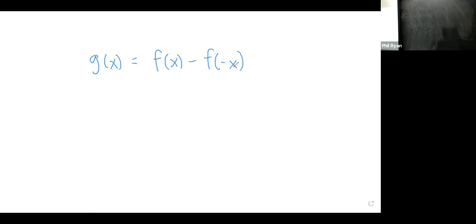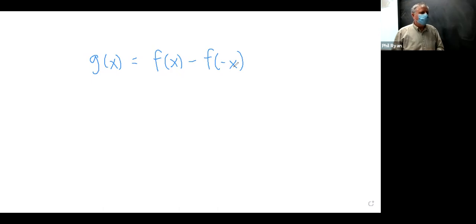Yeah, okay. So anyway, this is a continuous map. Why is that? Well, it's the difference of two continuous maps, and this is the composition of two continuous maps. Okay. So that's that.